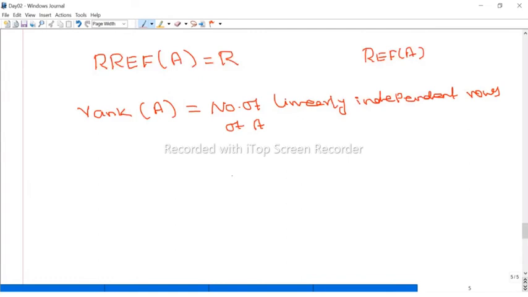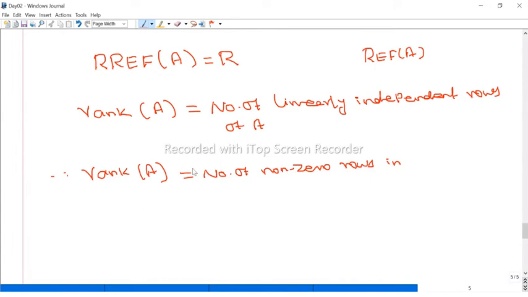Now we define a new definition using the row echelon form. The rank of the matrix A is nothing but the number of non-zero rows in the echelon form, because every matrix has an echelon form.